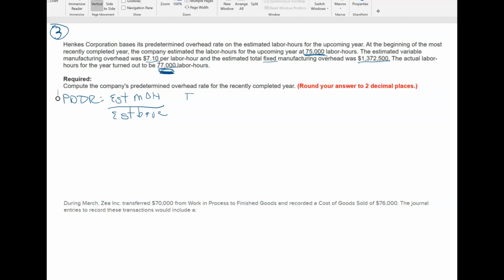To get the total overhead, again, fixed overhead plus variable overhead times the base: 1,372,500 plus the $7.10 times the 75,000, which is the estimated.